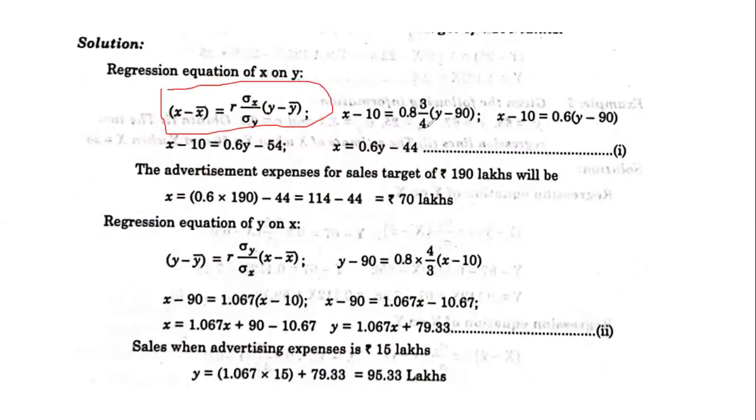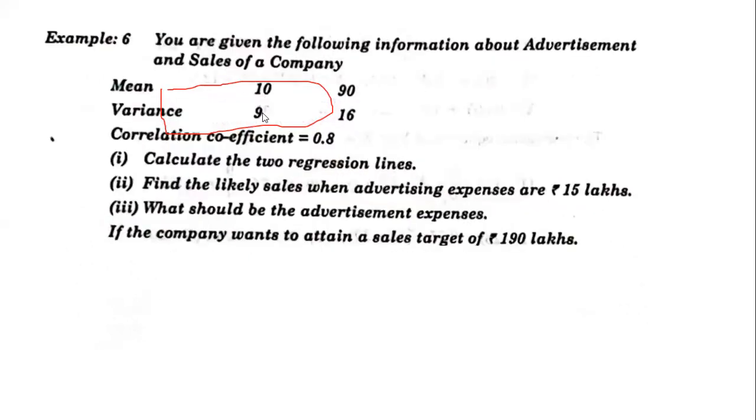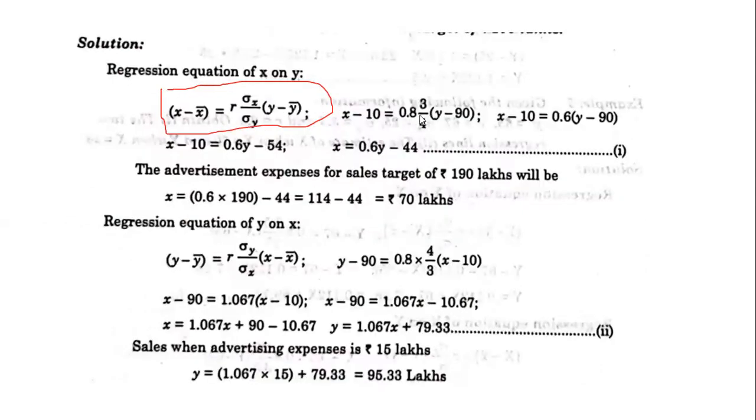Standard deviations are already given. I'm sorry, standard deviation is not given. Variance is given here, so you have to take the square root of these values. The square root of 9 is 3, and the square root of 16 is 4, and that is how we get this 3 and 4 here. Based on that substitution, we'll be getting the x on y equation.